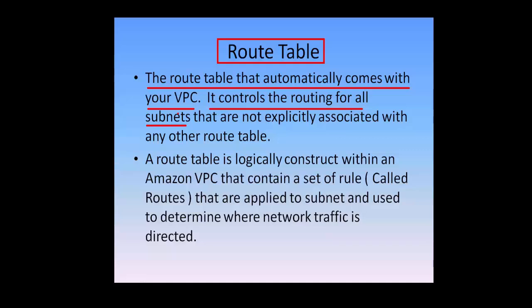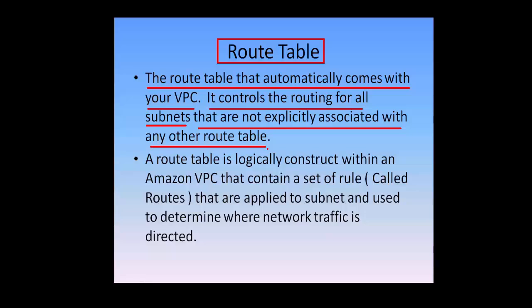So it keeps track of every connected subnet, like a database, up to where and how data can reach and how it can communicate in different networks, for subnets that are not explicitly associated with any other routing table. One is the default routing table and some are custom. I will come to the custom routing tables that you can create according to your needs.